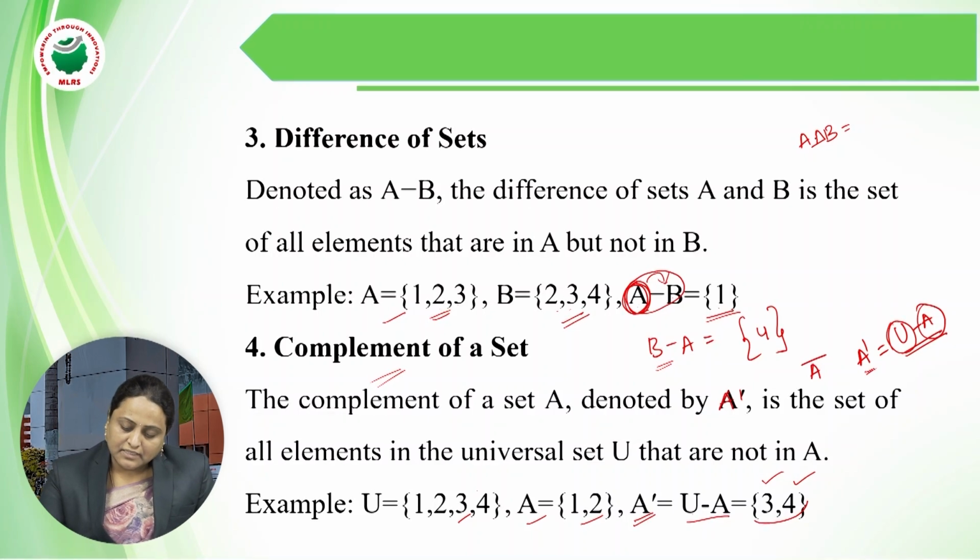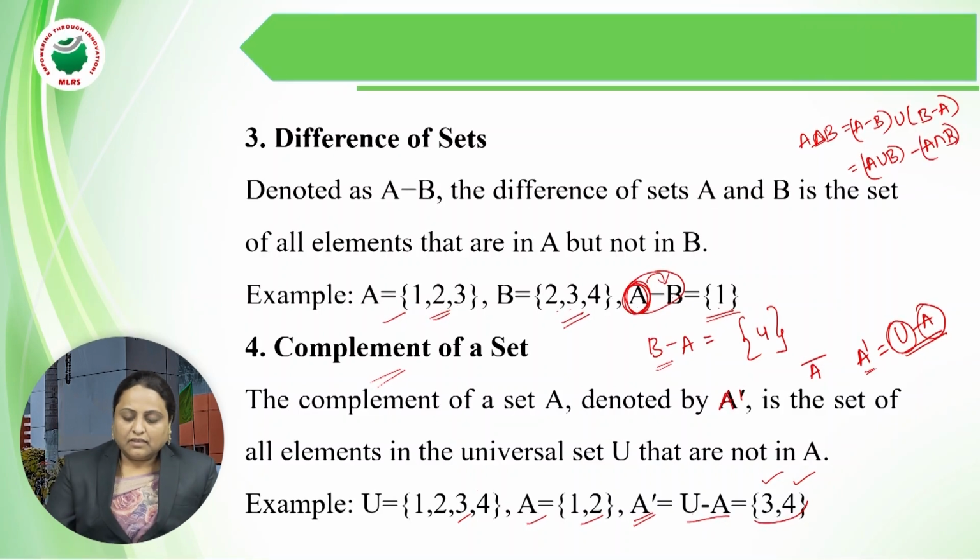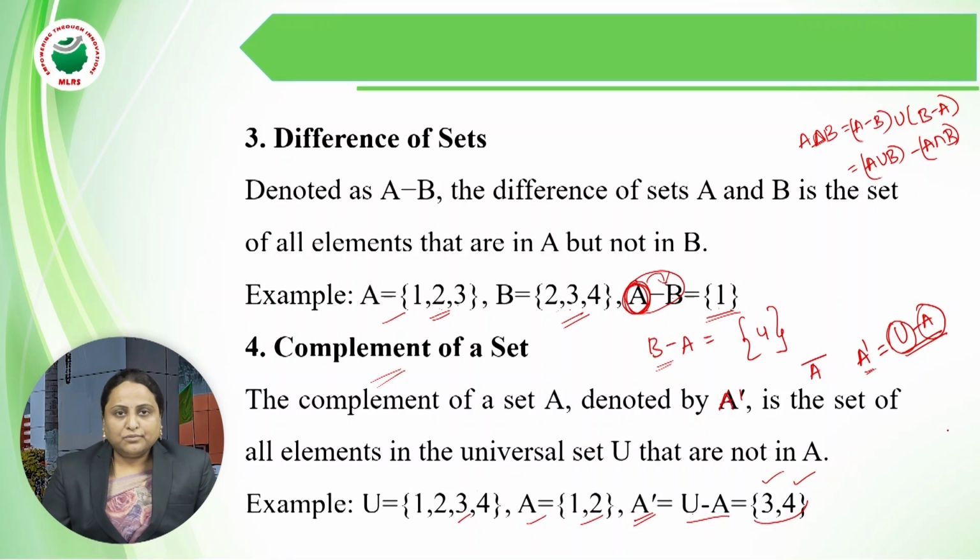This is A delta B, which can be represented as A minus B union B minus A, which can also be represented as A union B minus A intersection B. This is known as symmetric difference between 2 sets A and B. That is A delta B equal to A minus B union B minus A. And next one is, or you can also represent as A union B minus A intersection B. That is one more operation which you can also perform on the given 2 sets A and B.